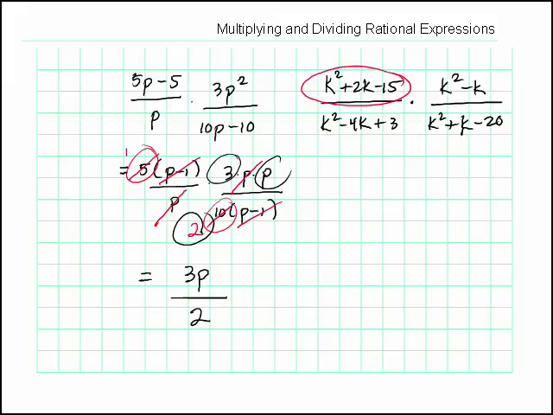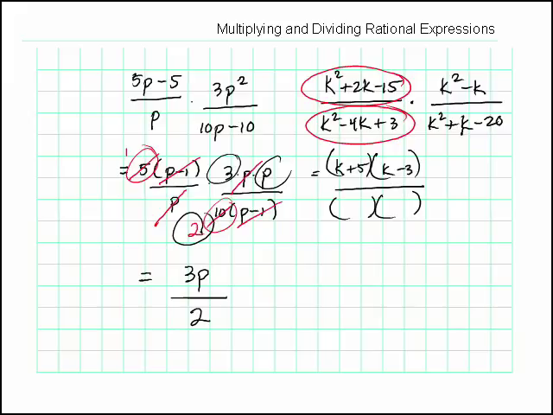This trinomial here, the two numbers that multiply to negative 15 but add up to positive 2 would be plus 5 and minus 3. Down here, the two numbers that multiply to a positive 3 but add up to a negative 4 would be a minus 3 and a minus 1.